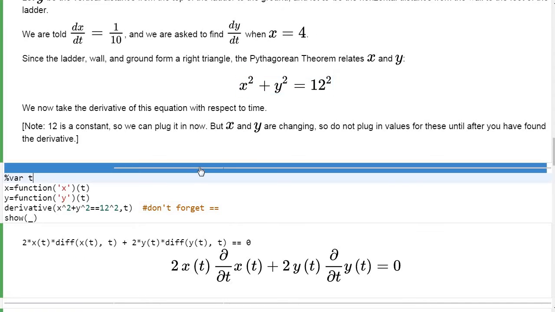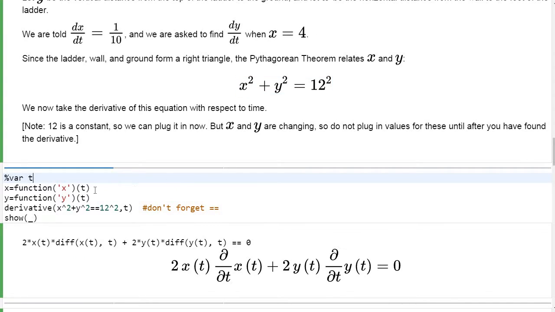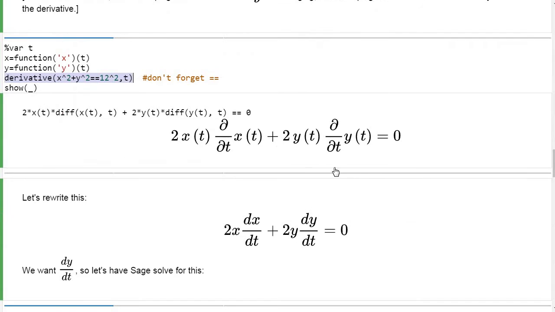Okay, well, here are the calculations. So I declared t to be a variable. I told Sage that x is a function of t and y is a function of t. I took the derivative of my Pythagorean theorem, x squared plus y squared equals 12 squared, with respect to t. Here's the answer. Sage tells me it's 2 times x times the derivative of x plus 2 times y times the derivative of y equals 0.